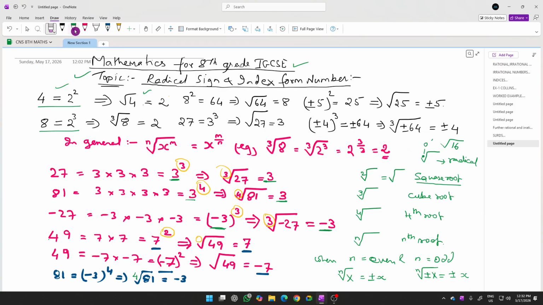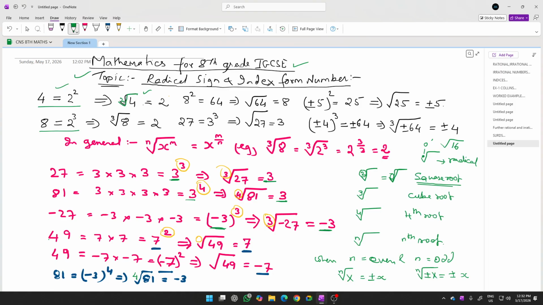We normally don't write that 2. So this radical sign means that this number has to be 2, and it is read as square root. So here, can you see this square root of 4? I'm reading this as square root of 4 because nothing is written over here. When nothing is written over here, you have to assume that there is a 2.